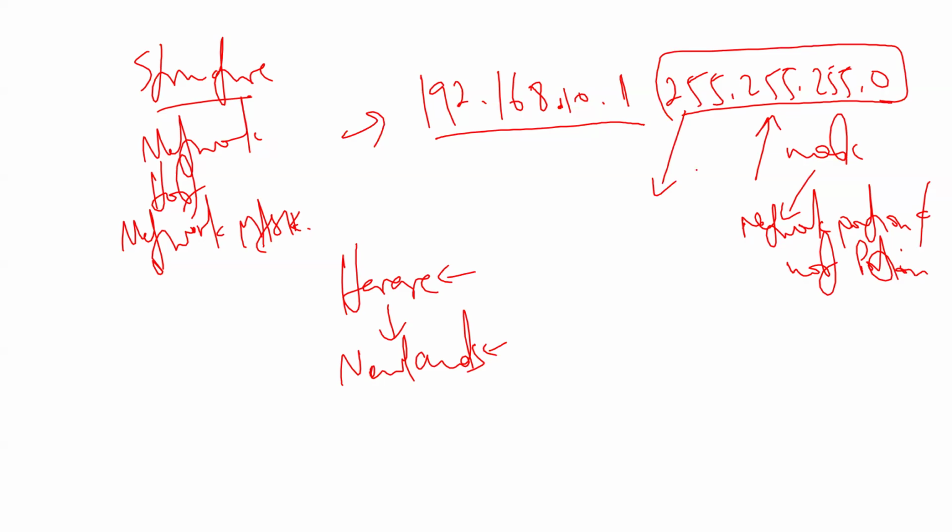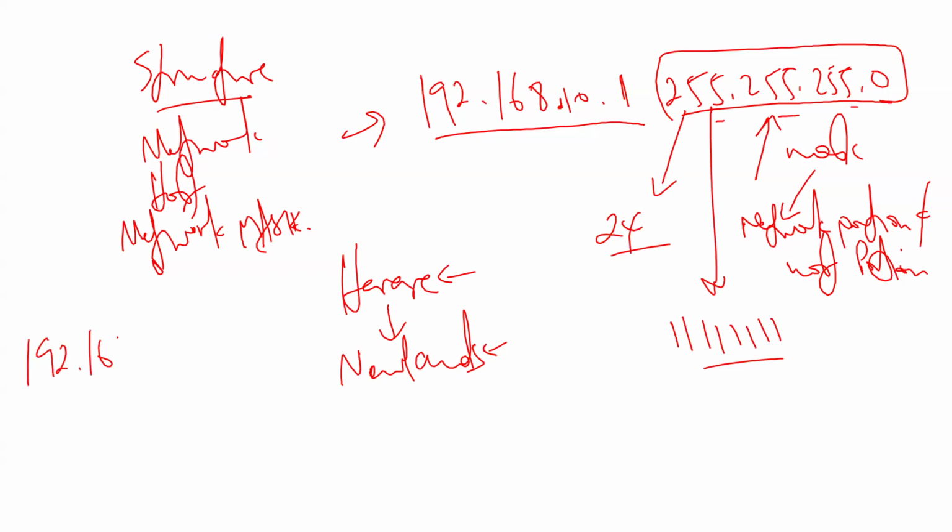If you convert to binary, you're going to realize there are the first 24 bits as ones, because 255 is eight ones. Multiply by 3 values, you get 24. So in short, we can say our IP address is 192.168.10.1/24. This becomes very easy now to identify your network and host portion.